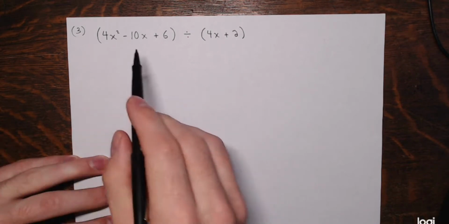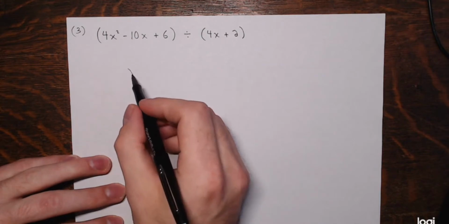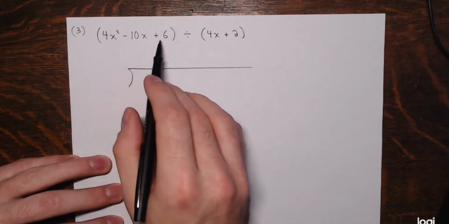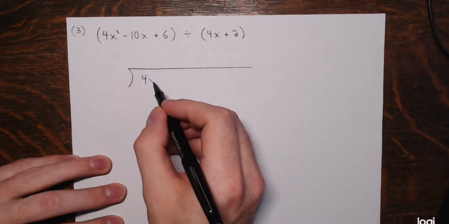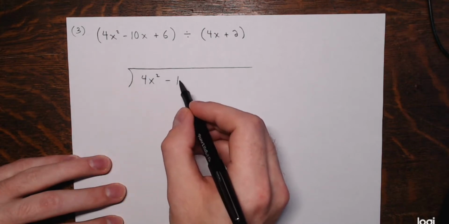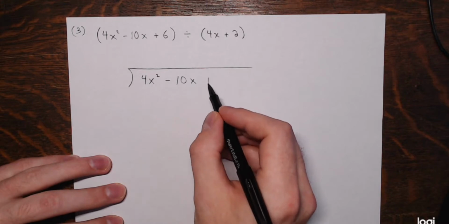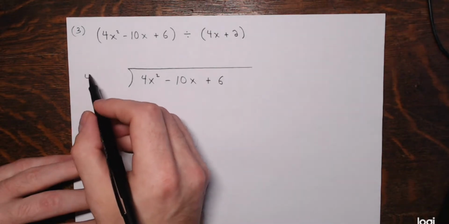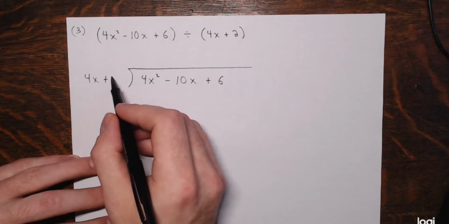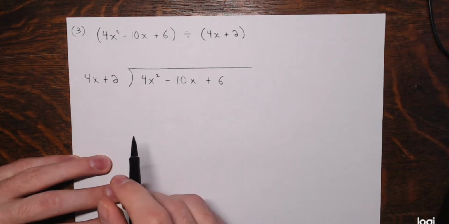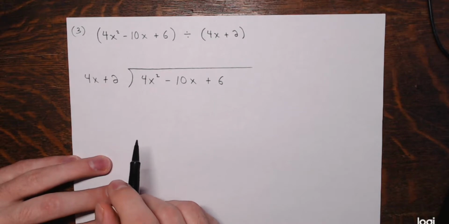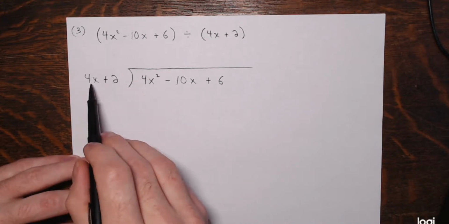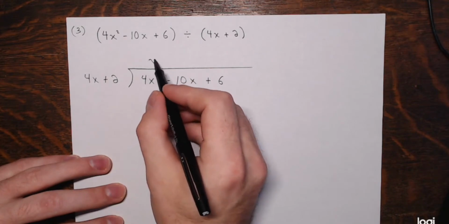Alright, so once again, same setup. This time the dividend is this polynomial, 4x squared minus 10x plus 6. The divisor on the outside on the left here, 4x plus 2. And the same 3 steps. Divide the lead terms. 4x squared divided by 4x would just be 1x. That goes in the quotient.